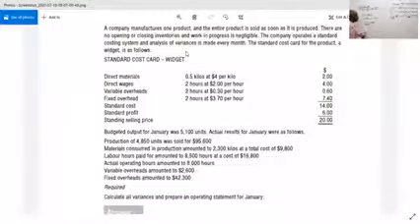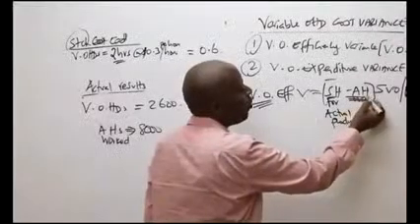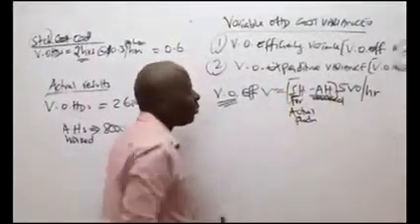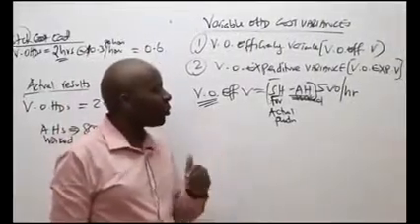Listen to me very well, my great students. This capital SH, don't forget, is standard hours for actual production. These are the actual hours worked. So write somewhere there in full: capital SH stands for standard hours for actual production.